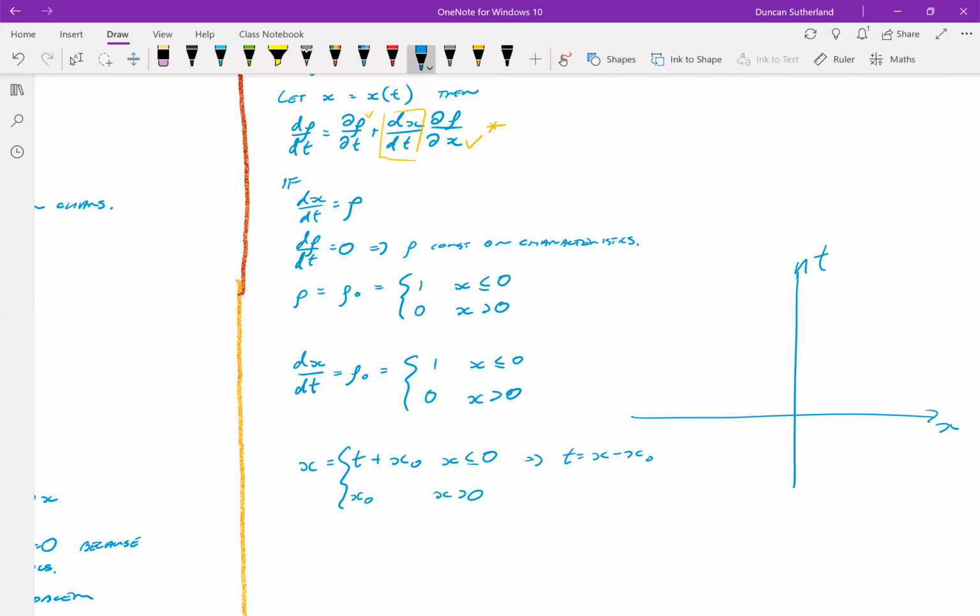So remember, a characteristic is a line in xt space or tx space, depending on how you want to think about it. If x naught is greater than 0, we're in here. We've got a line, x equals x naught. That means x naught's constant, right?